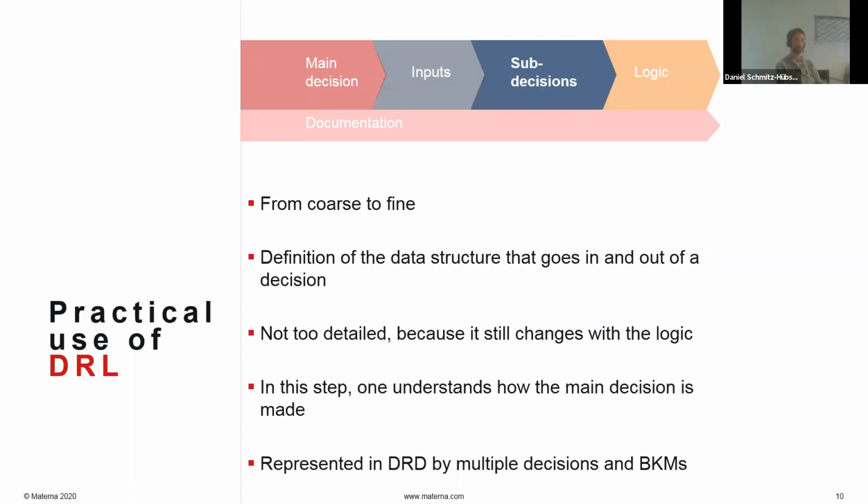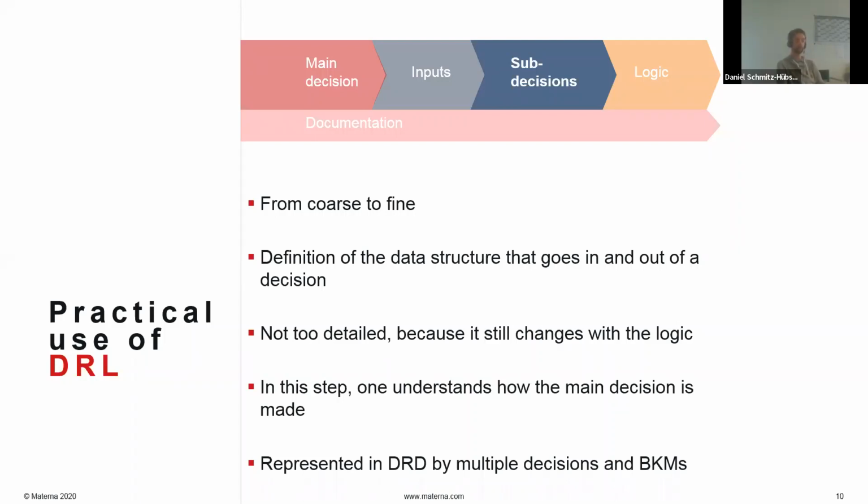So the subdecision, that's the crucial part, because when you have your main decision and your input, then the question is, how do I get to this main decision? And therefore I have to answer a lot of different other questions, which represent some subdecision. Something may be a BKM.